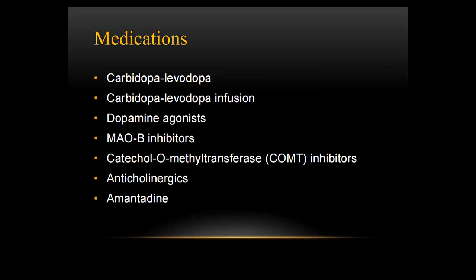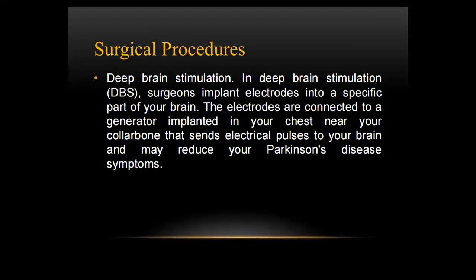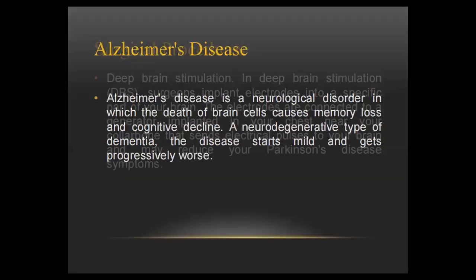You can give catechol-O-methyltransferase inhibitors, that's an enzyme inhibitor, and anticholinergics and amantadine. You can also do surgical procedures like deep brain stimulation, using implanted electrodes in a specific part of the brain, connected from the chest.